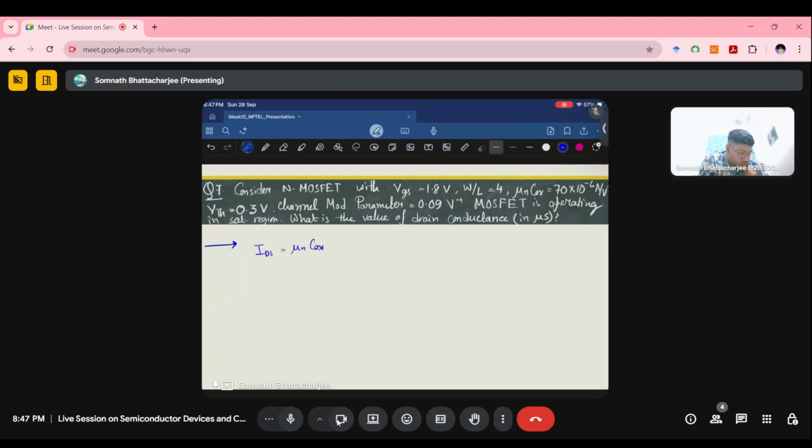Mu n Cox by 2 W by L VGS minus VTH whole square. But as they have mentioned the channel modulation parameter, that's why it will be 1 plus lambda into VDS. That's it. So we just have to do this and we'll get the value. So try to solve this. Just put the values and you will get the answer.